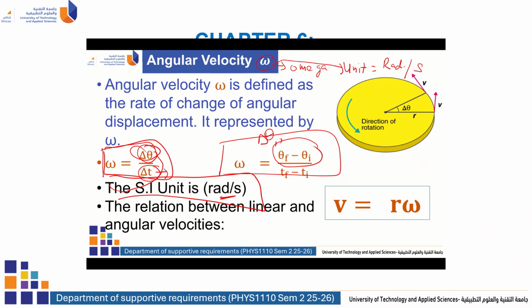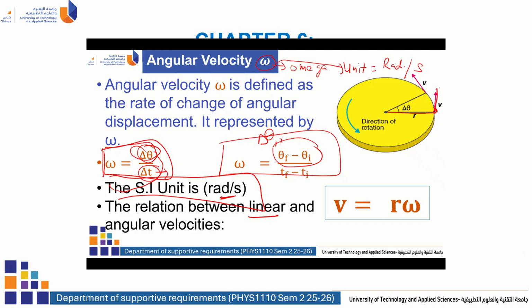Now we have one formula, which is the relation between the linear velocity and the angular velocity. In this diagram, this is a circular motion, and the object is moving on this circular path, and this is the radius of the path.